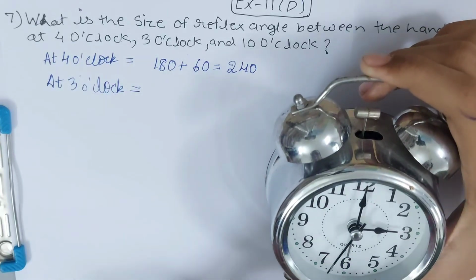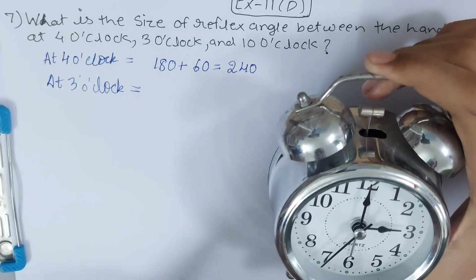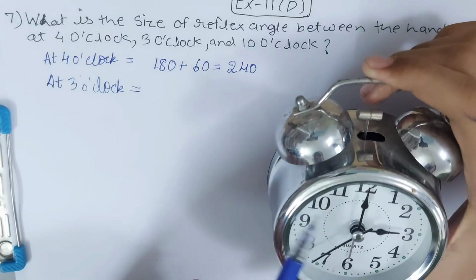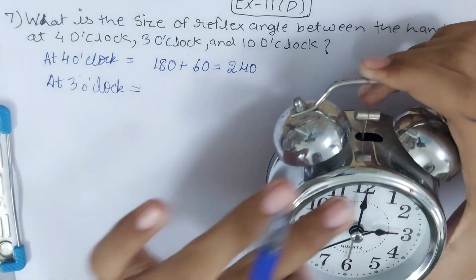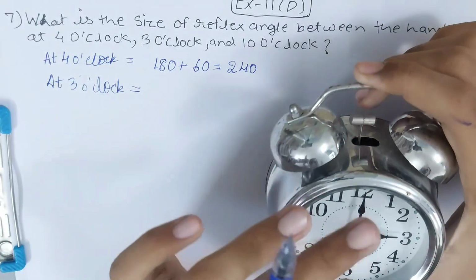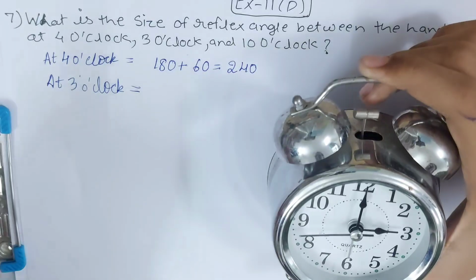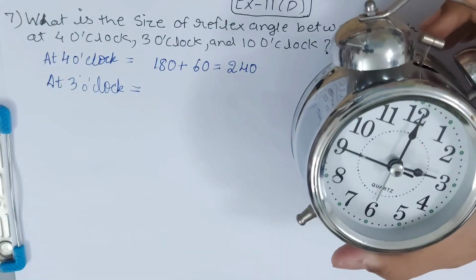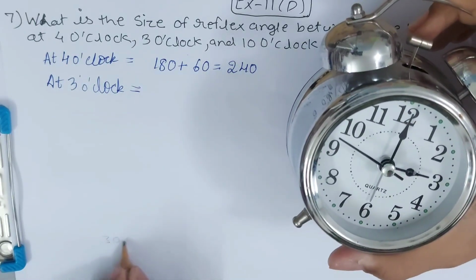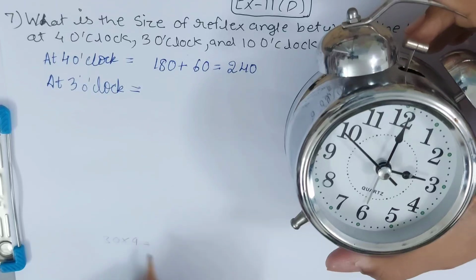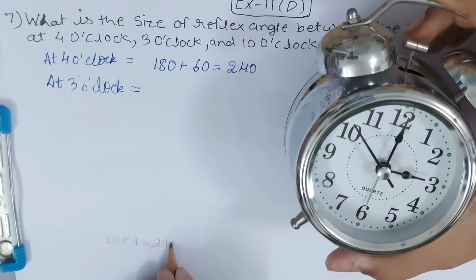There is a difference of how many parts? 1, 2, 3, 4, 5, 6, 7, 8 and 9. Total 9 hours difference, 9 part difference, whatever you want to say is there. So what you should do, you should have done 30 into 9. This is going to give you 270 degrees.